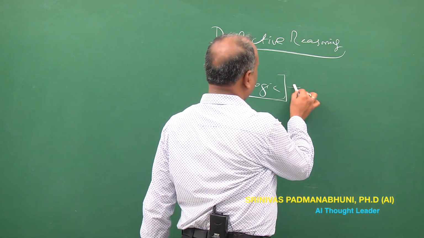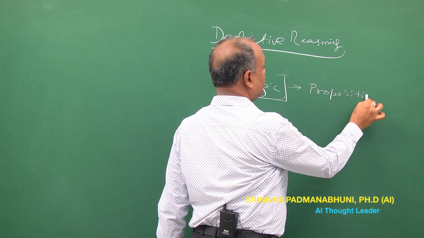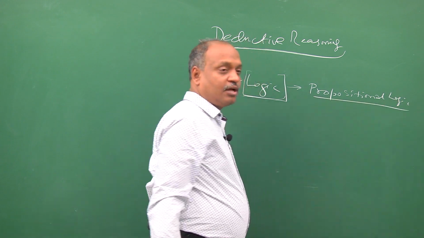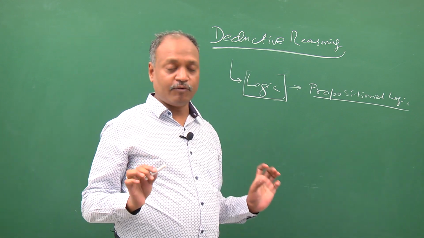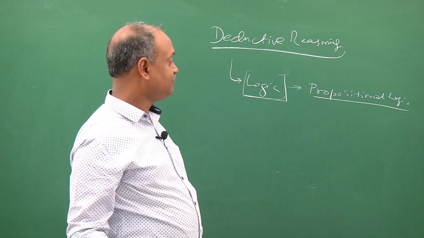The basic formulation of logic which is a starting point is what is known as propositional logic. Propositional logic is, to me, a very simple form of logic which is much like Boolean algebra or hardware circuits.